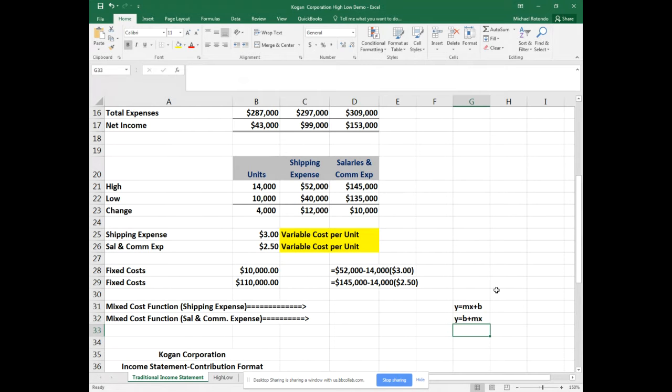Here, the b is the fixed costs, the m is the variable cost per unit, the x is the volume of activity, and the y is the total cost.